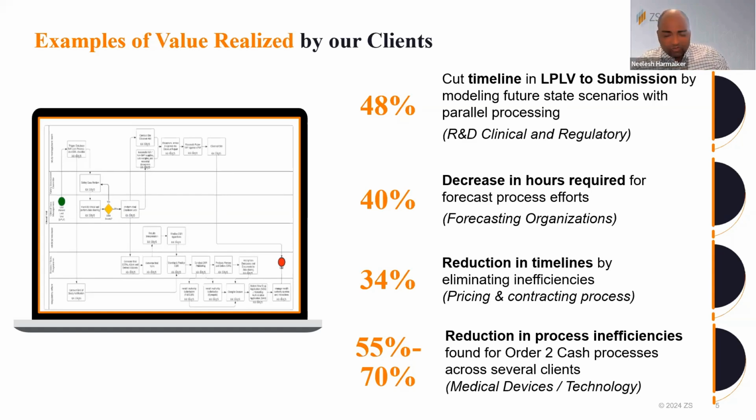So what we've been working on with many clients is taking apart the clinical trial process and focusing on specifics, right? One of the areas is the last patient, last visit. So basically, during a clinical trial, you've got these trial sites, and patients are going.